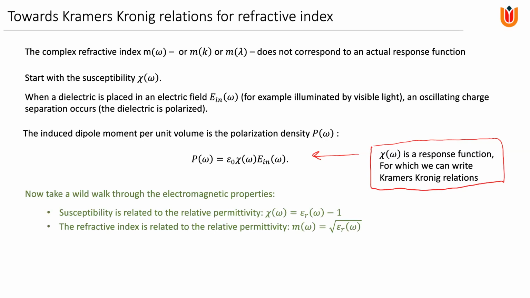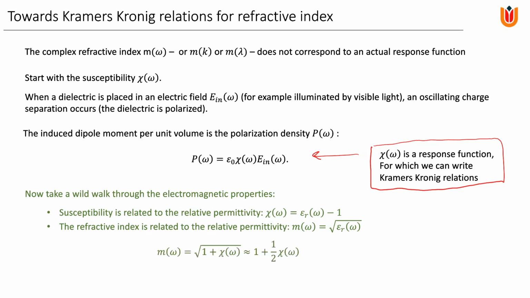Now, this susceptibility is connected to all these electromagnetic properties from a few slides ago. Susceptibility is related to the permittivity simply by the relative permittivity minus 1. The permittivity is related to the refractive index. So the refractive index is the square root of the relative permittivity.